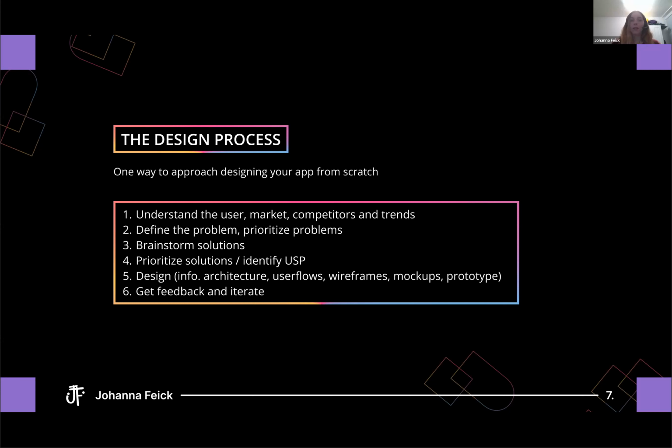You use this information to define problems that you see. Then you search for solutions, prioritize those, identify USP, and use all of this to design your solution. Of course, as always, get feedback and iterate.